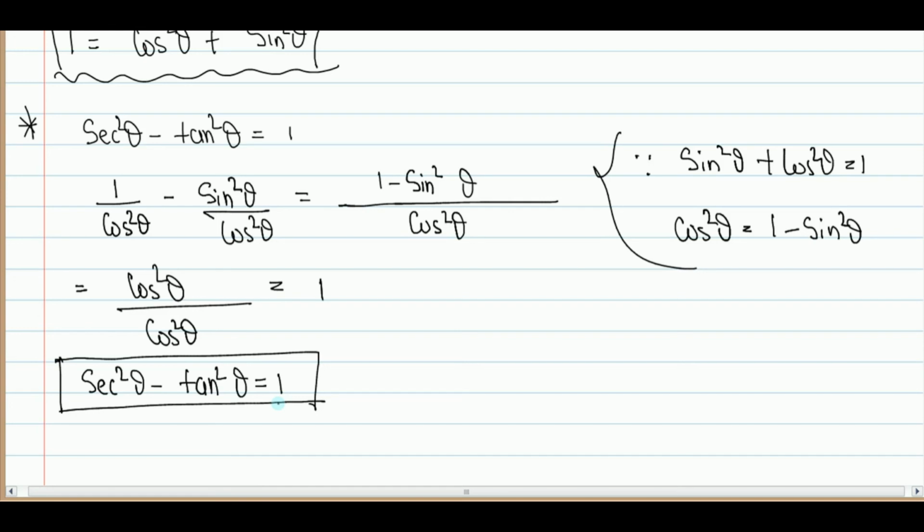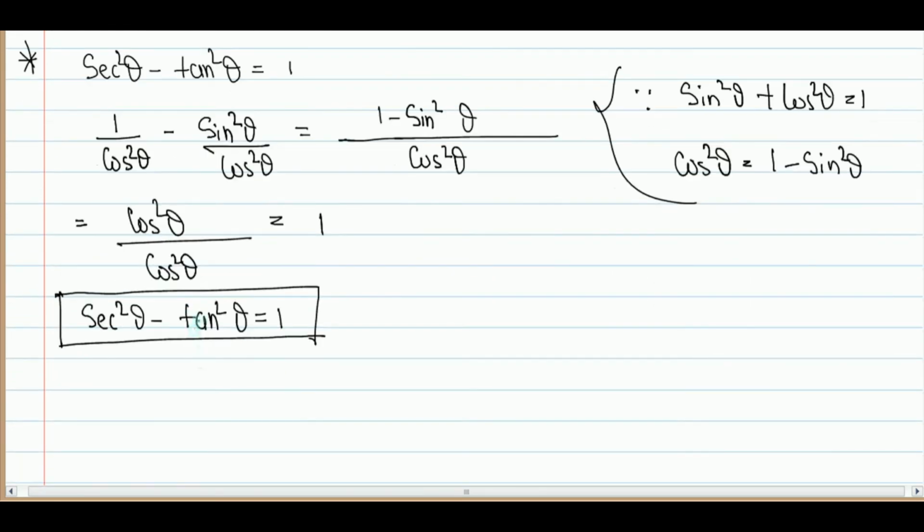So let's just move to the next concept of trigonometry. Similarly, can you just explain to me what will be the value of cosec square theta minus cot square theta? Just don't try to memorize each and everything. Try to stick with the basics and you will get to the final point.